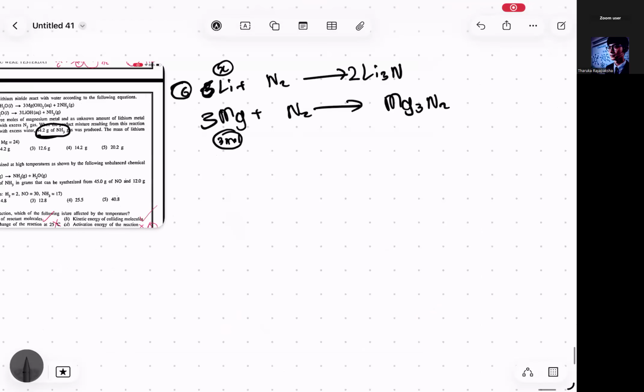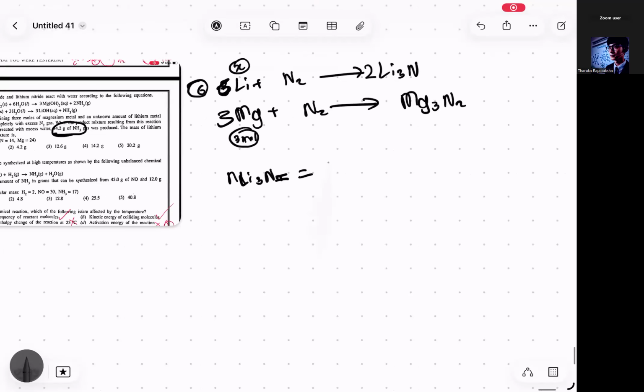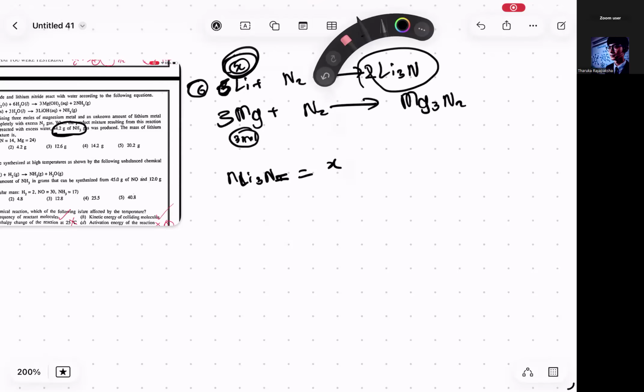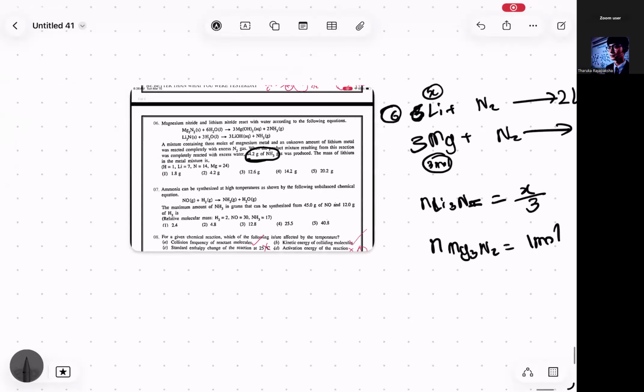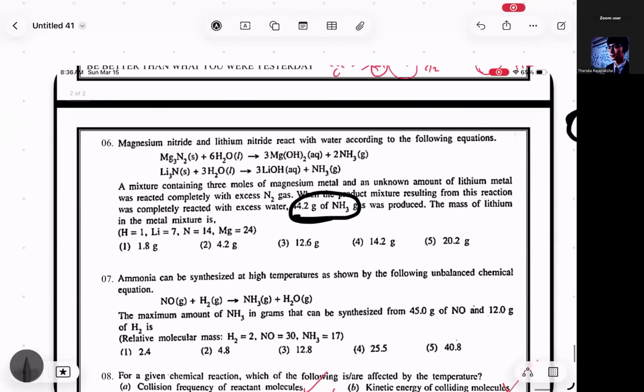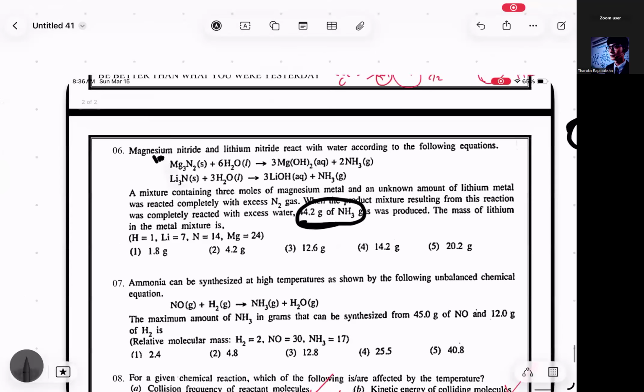Okay, let's see the number of moles of lithium nitride. Now this is X, right? If this is X, the number of moles of lithium nitride will be 3 times less, because 6 to 2 is the ratio, that means 3 to 1. That's going to be X over 3. The number of moles of magnesium nitride, Mg3N2, will again be 3 to 1, so that's going to be 1 mole. Now look at these two reactions. So 1 mole of magnesium nitride and X over 3 moles of lithium nitride are going to react.